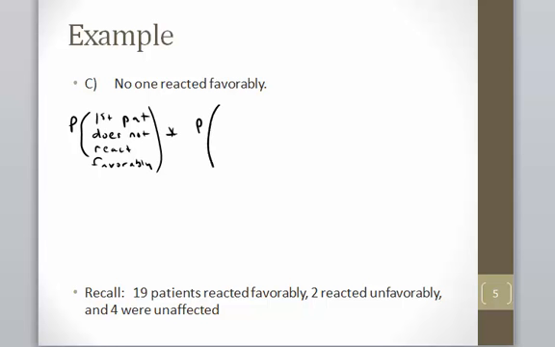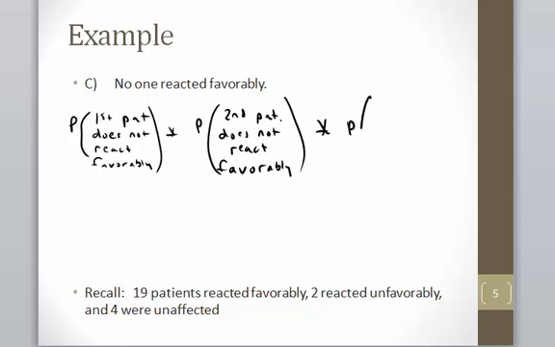And we want the second patient to be someone who does not react favorably. And we want the third patient to be someone who does not react favorably.